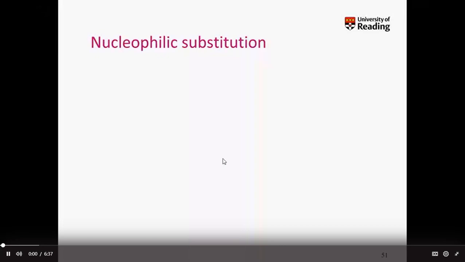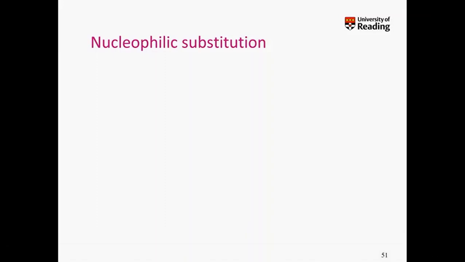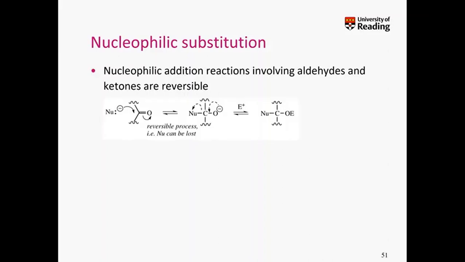At the end of the last lecture, we were talking about nucleophilic substitution, and realizing that if you do a nucleophilic addition reaction with aldehydes and ketones, we know that they're reversible. When the nucleophile attacks the carbonyl carbon, we break the carbon-oxygen double bond and end up with our tetrahedral species.